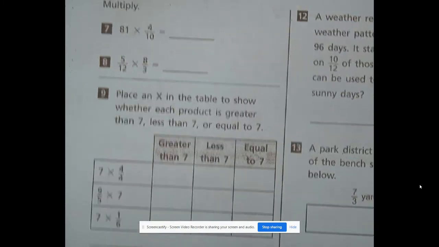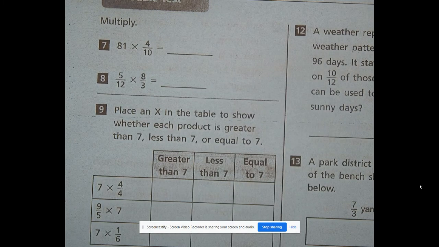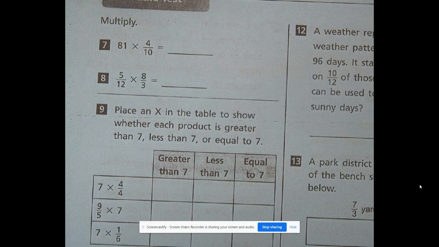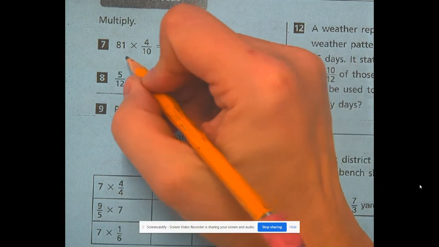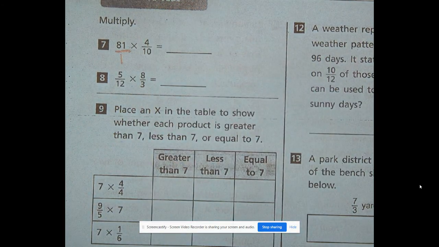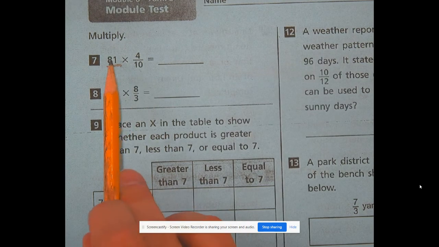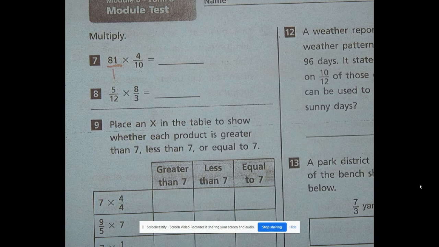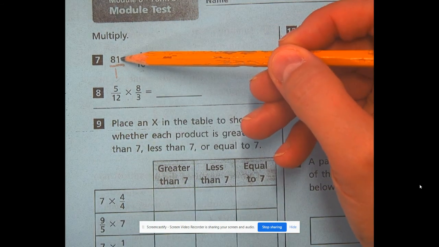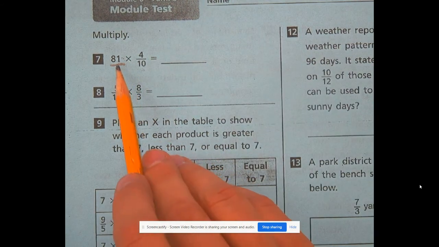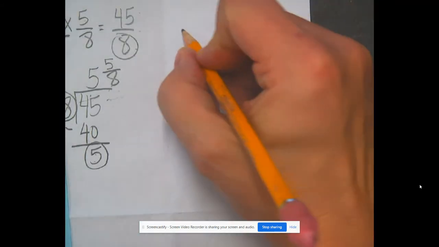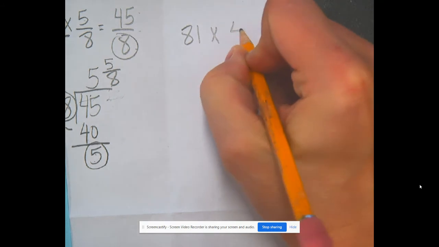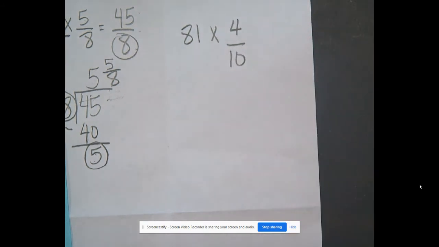81 times 4/10. What do we need to do first? Put a 1 underneath it, okay? Can we cross cancel? No, because this doesn't end in a 0. So 81 times 4/10.